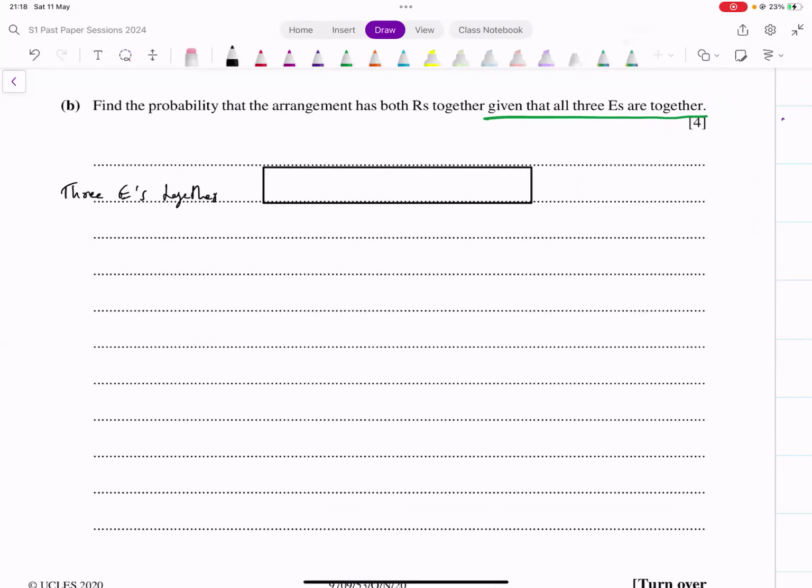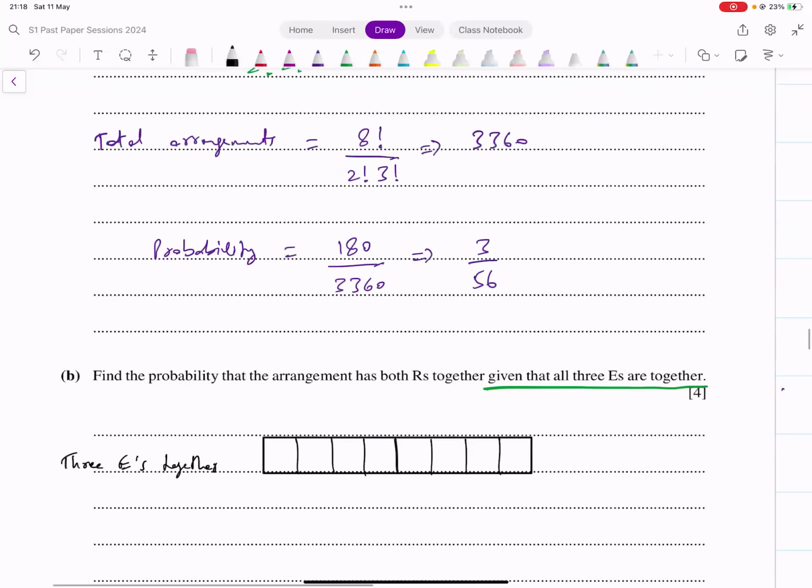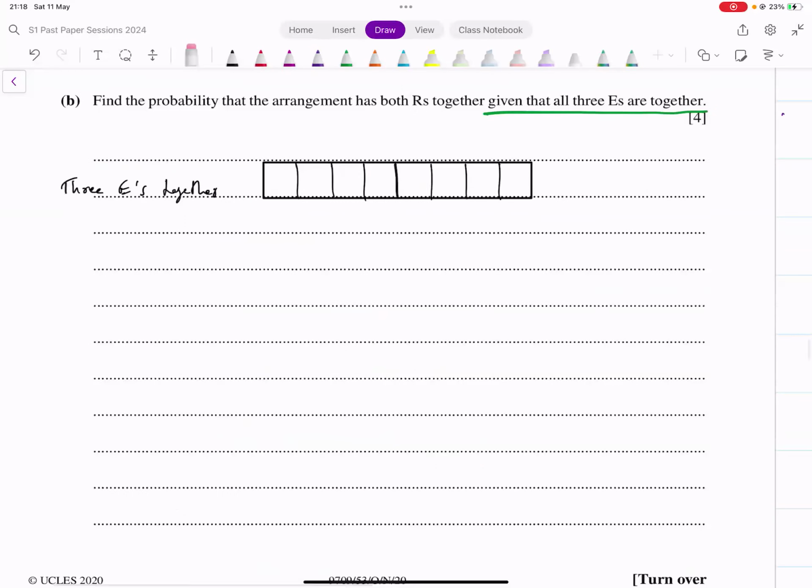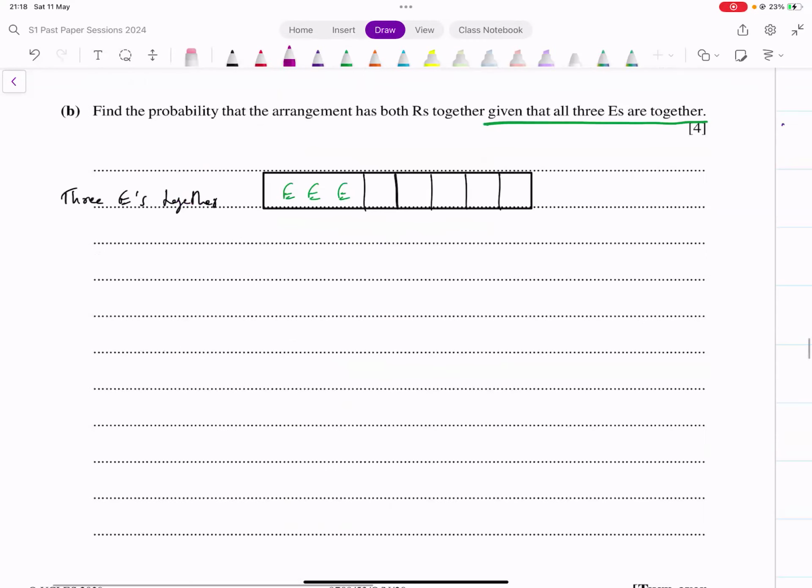We have 8 letters in total, so we can say we have 8 boxes. Since we want the 3 E's together, we can merge 3 boxes, put the 3 E's inside that single box. What are the remaining letters? The word was reserved, so the remaining letters are R, S, R, V, D. These are the remaining letters.